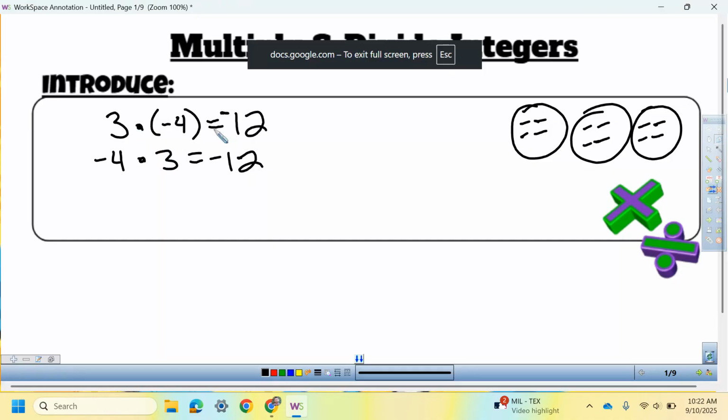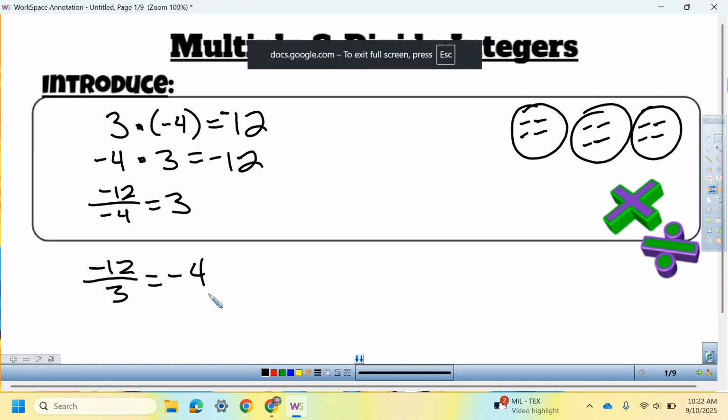This is one of the rules that we are going to be looking at. How do I get negative answers? I'm going to keep going, show you the next 2 parts of the fact family. So I also know that -12 divided by -4 must give me that 3, and -12 divided by 3 should get me that -4.